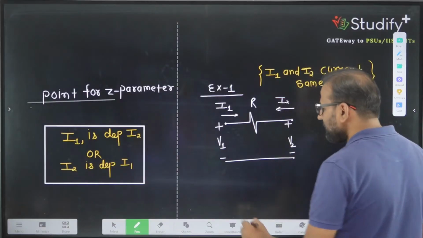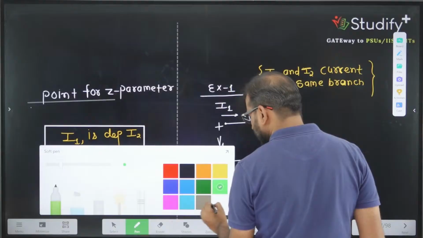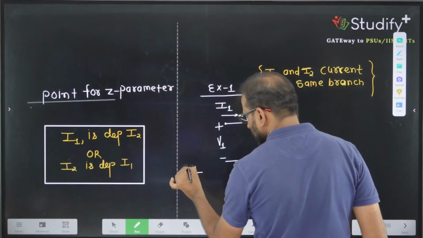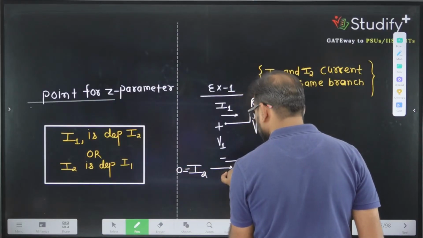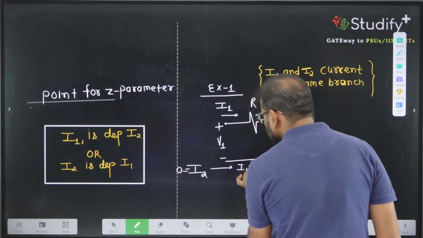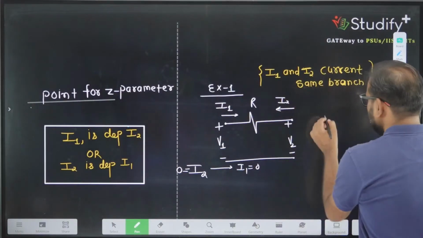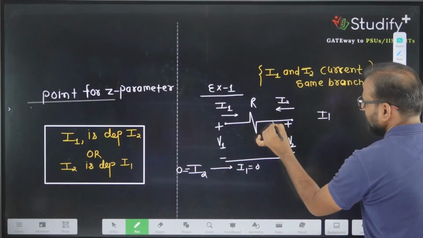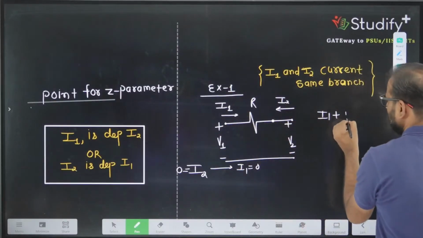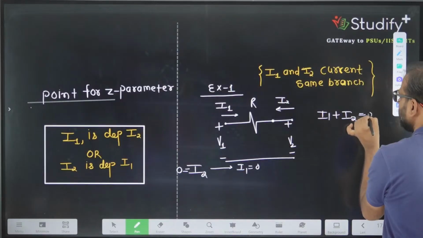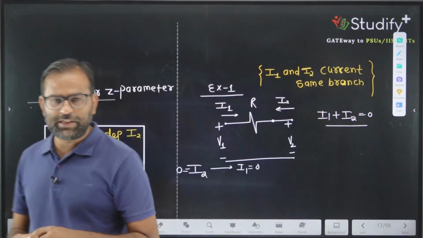The moment I make I2 equal to 0, this will force I1 to be equal to 0. Because if you apply KCL at this point, both are incoming currents and nothing is outgoing, so I1 plus I2 equal to 0, or I1 is equal to minus I2.